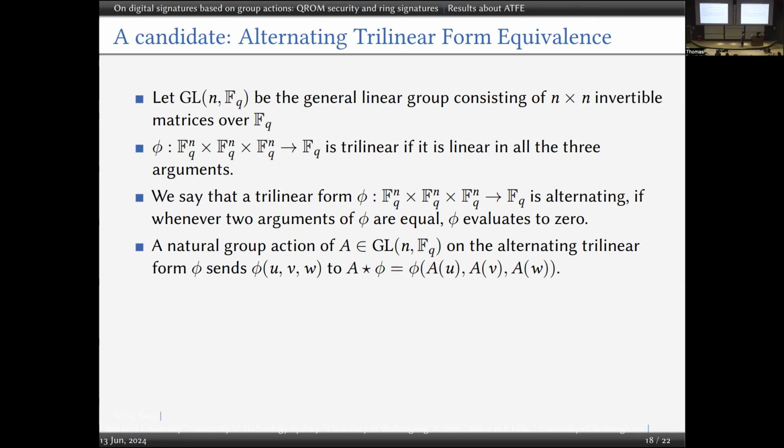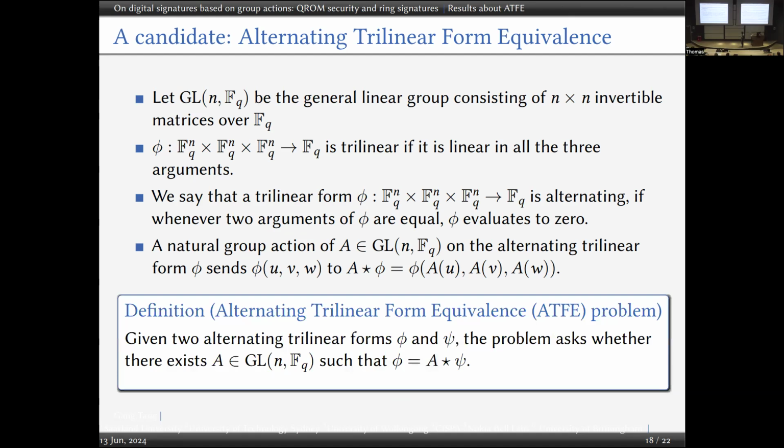We can define a group action on alternating trilinear forms: we sample a random invertible matrix A from the general linear group, and A acts on all three arguments of phi. We can also define a problem: given two alternating trilinear forms phi and psi, decide whether there exists an invertible matrix A such that psi equals phi acted on by A.